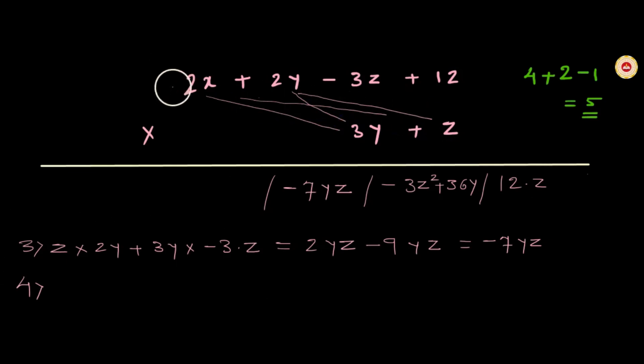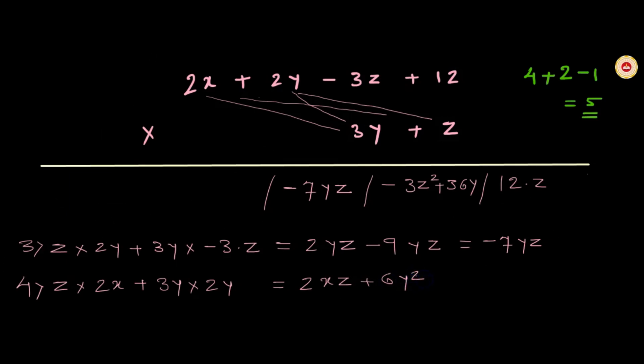So z multiplied by 2x plus 3y multiplied by 2y, which is 2xz plus 3 2s are 6, 6y squared.